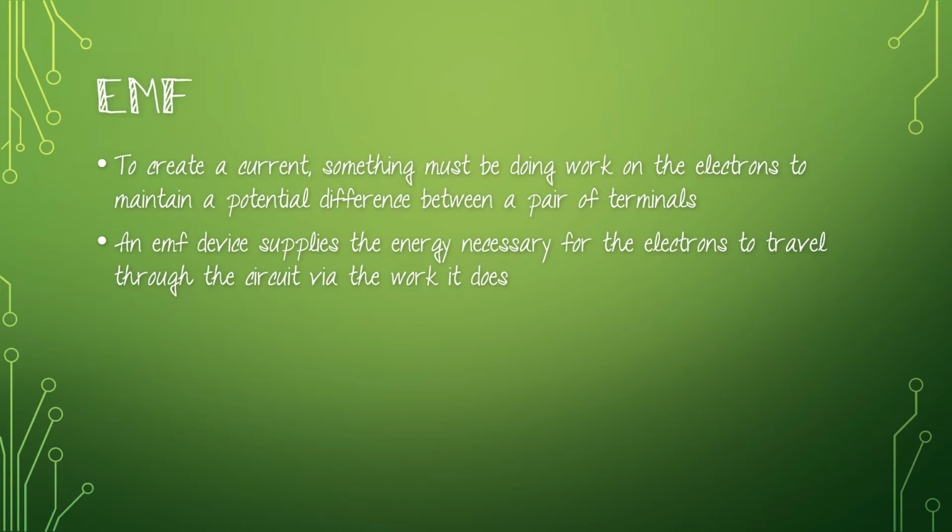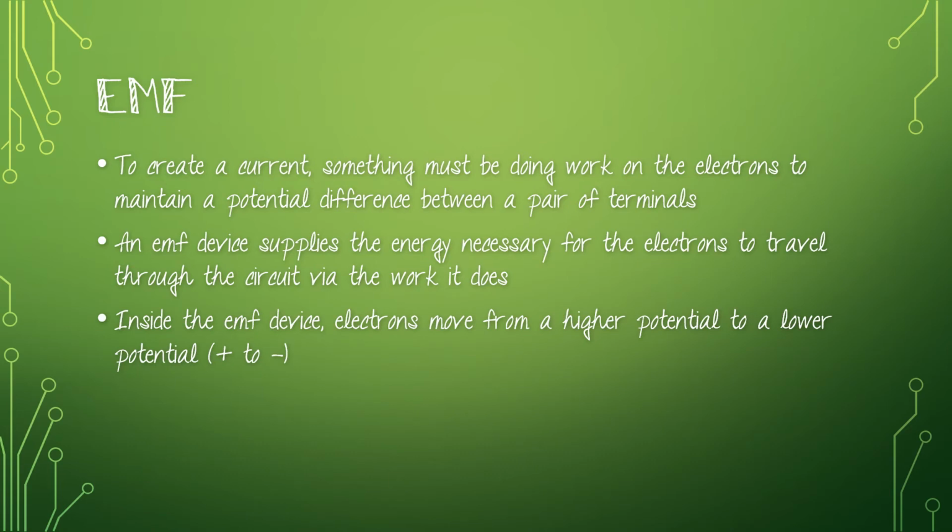That term came about before physicists understood exactly what was happening in the circuit, before they really understood the idea about electrons flowing. But even though we no longer call it an electromotive force, we've kept that idea of EMF as being the device that creates that electric field in order to do work on the charges.